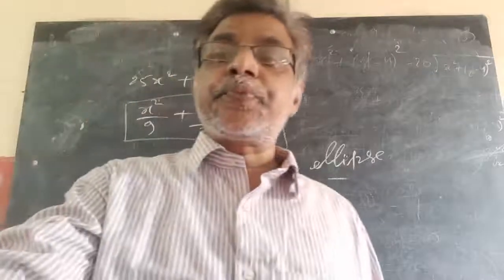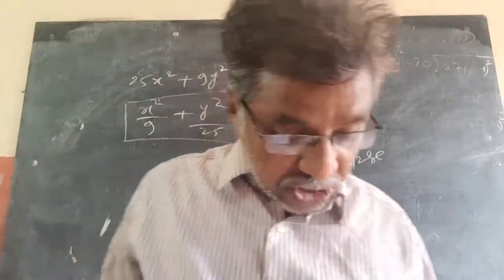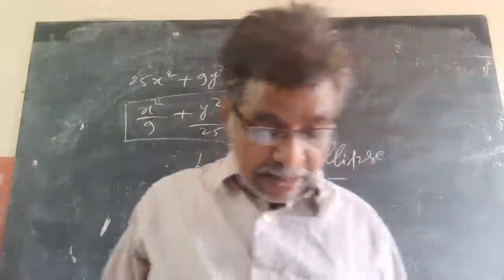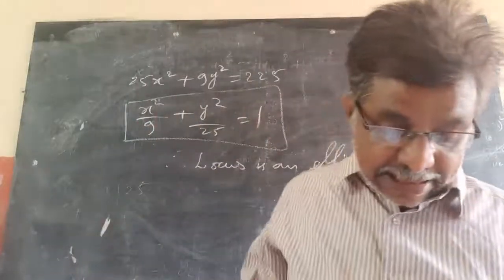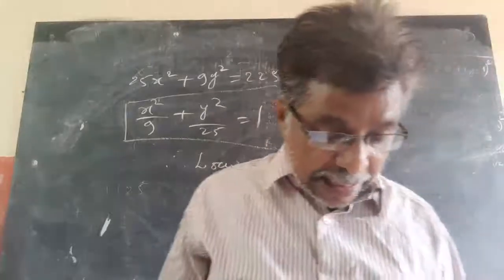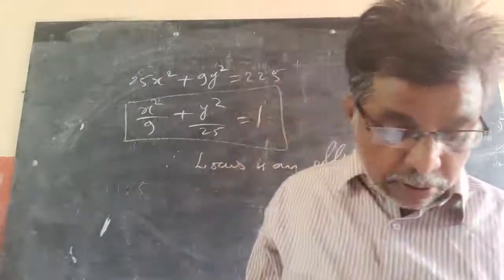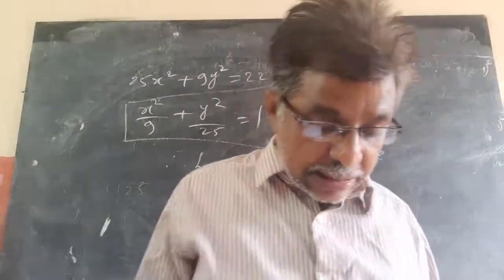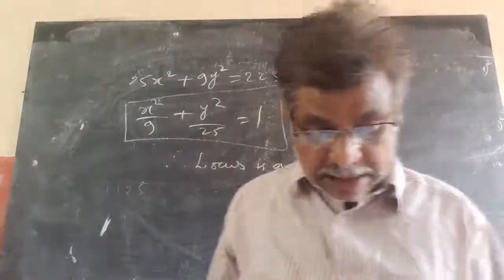Next. Sum: a variable complex number z equal to x plus iy is such that the amplitude of z minus 1 by z plus 1 is always pi by 4.